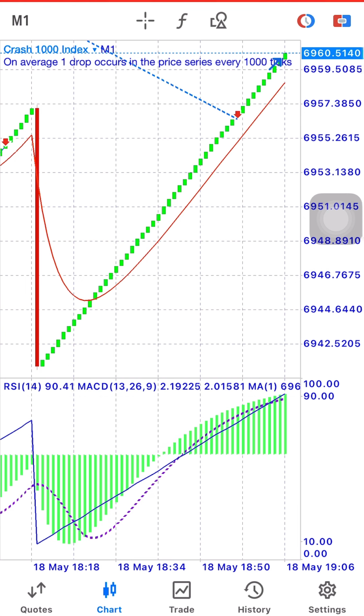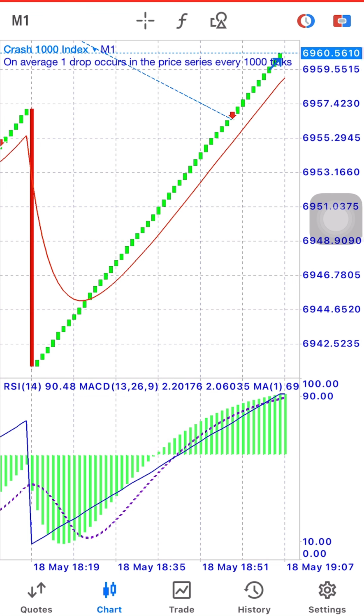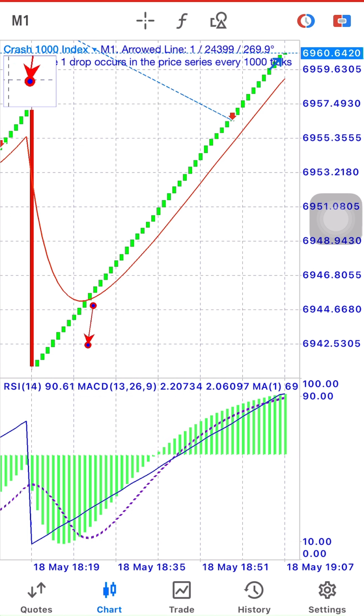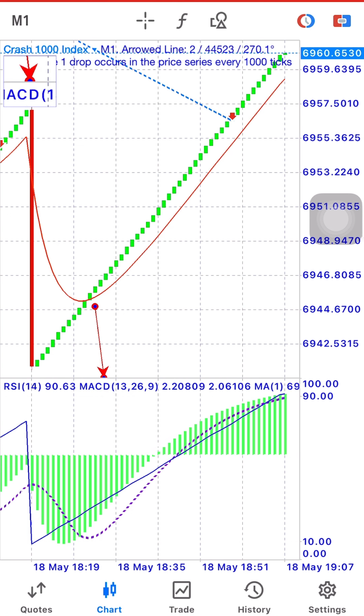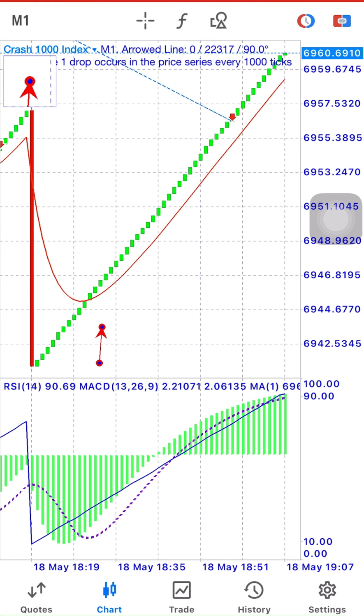So when you enter, you hold up until either this tiny red line crosses this green thick line, or this blue line and this purple line cross again, which is this level here.